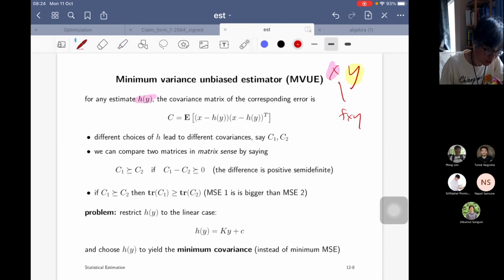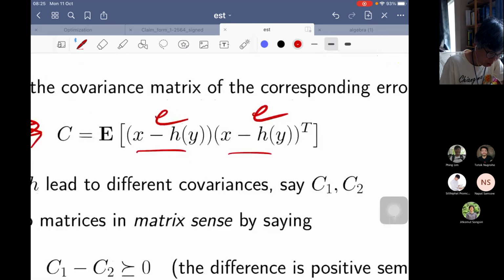The goal is that first you take a look at the error of the estimation. You call it E. Of course, if you compute the expectation of E E transpose, that is the covariance of your estimator's error, because this is the error between x minus x hat.